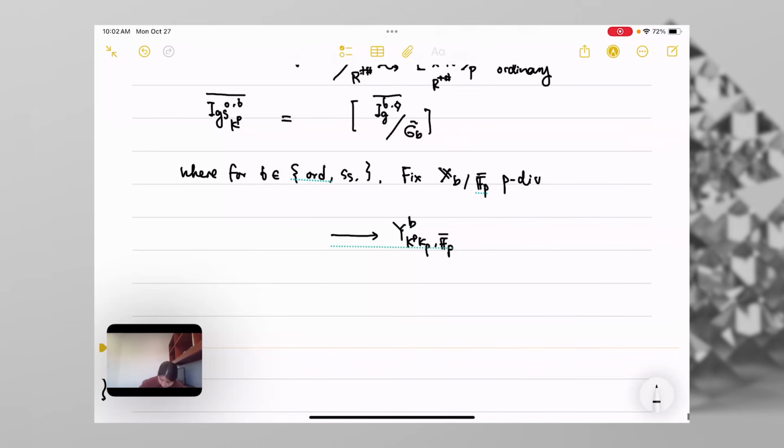And over each locus, you can consider the torsor of trivializations of the universal p-divisible group with this fixed one. This is represented by a perfect scheme and will be the Igusa variety at the corresponding level.